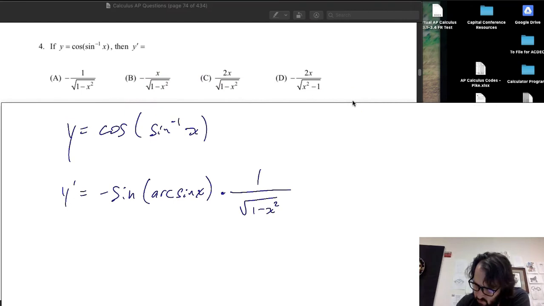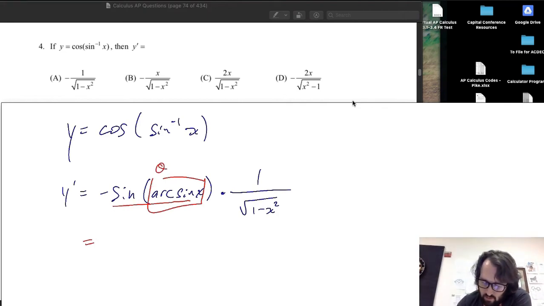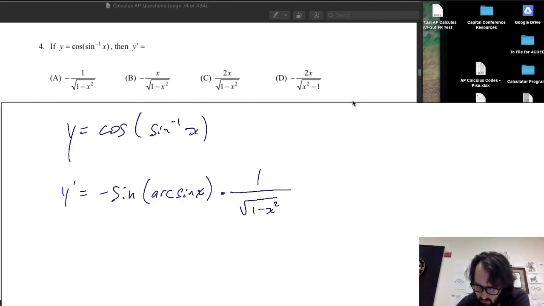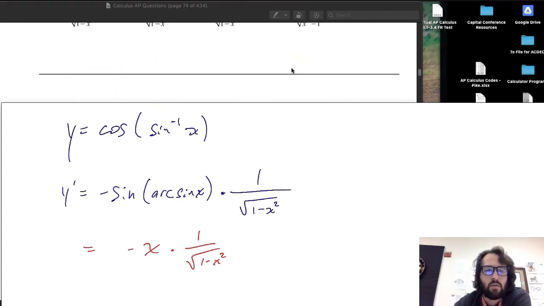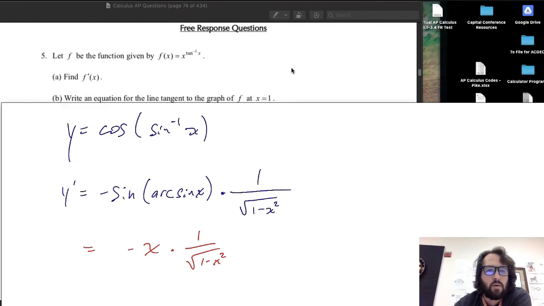If you're doing the inverse of the function itself, it's saying what angle gives sine to be x, and sine of that angle is going to give x. So all of that is just negative x times 1 over root 1 minus x squared. So negative x over 1 minus x squared right there. Option B. Interesting problem.